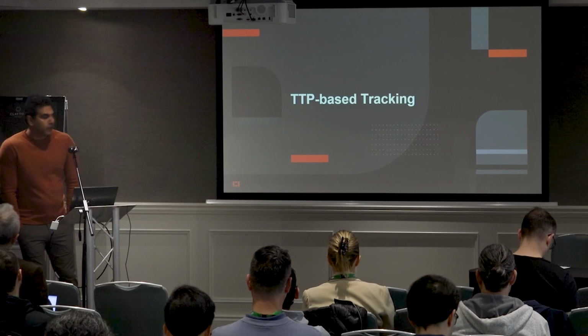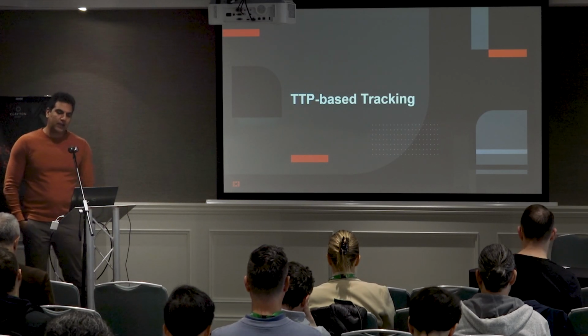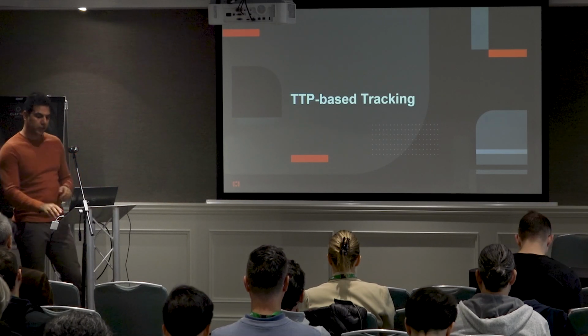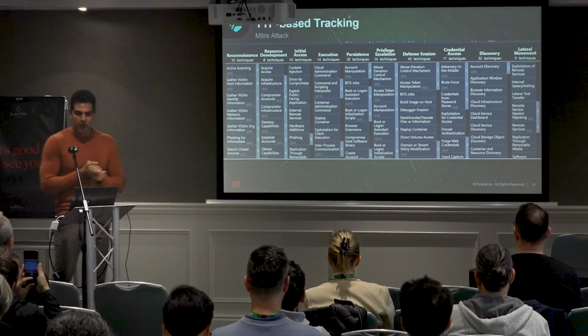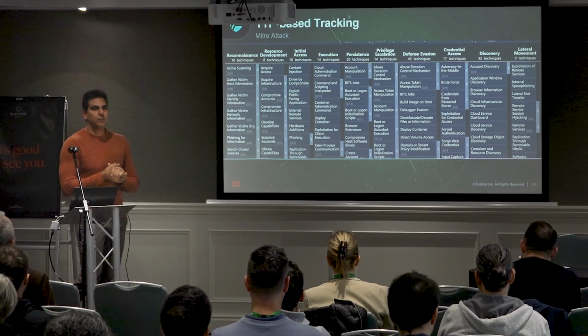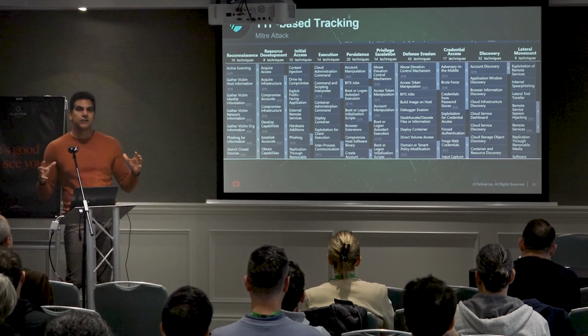The second category is TTP-based tracking, in which we focus on tracking and attributing threat actors using their behaviors, more specifically their TTPs. I'm sure most of you are familiar with the MITRE ATT&CK framework, and what we notice is that APTs tend to use a specific set of techniques in their campaigns.